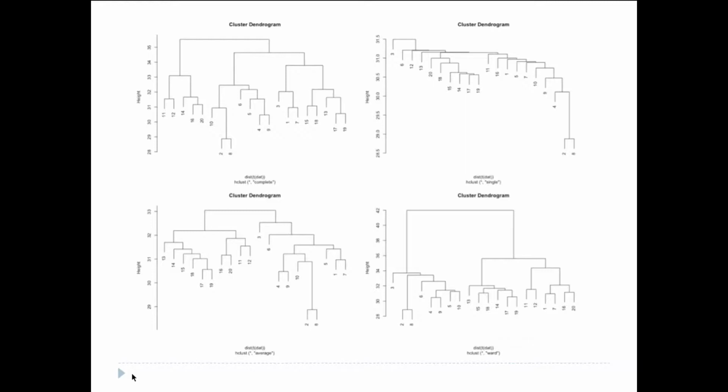Would you guys pull out 2 clusters from the single linkage result? I might not. I would have a hard time doing that. So without knowing some of the details here about the distance metric and the type of linkage, which now you guys can interpret, you can't interpret just the sheer result of a cluster, let alone the biological result.